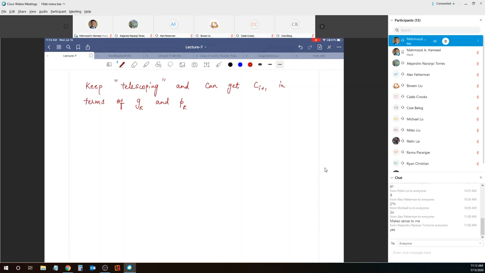So G's and P's, where k is equal to 0 to i. But that expression for C sub i plus 1 will also depend on C sub 0. And that means that there's no propagation delay for this, right? For C sub 0, there's no propagation delay.